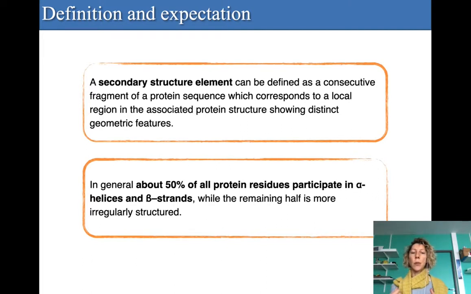In general, about 50% of the protein residues participate in alpha helices and beta strands, and the remaining half is more irregularly structured, let's say. It does not mean that the rest is really completely disordered. It can adopt different types of secondary structures that are less canonical than helices and strands.